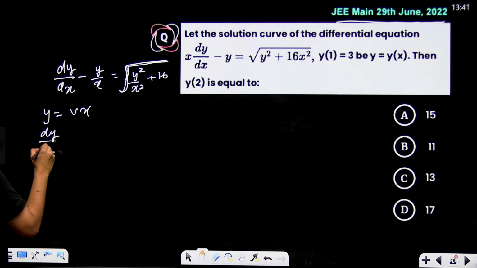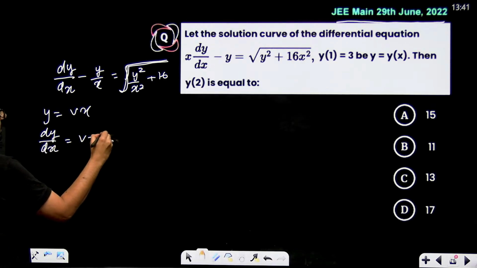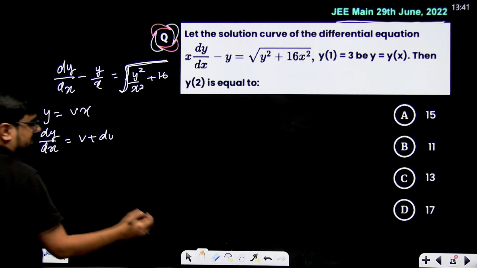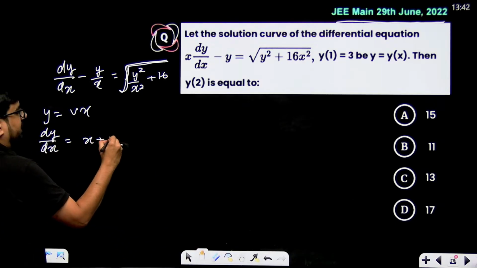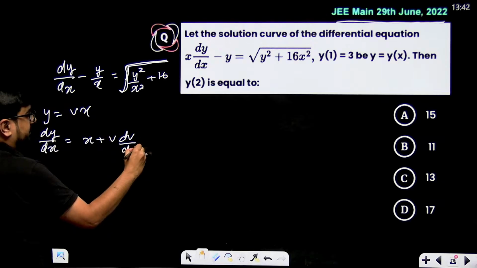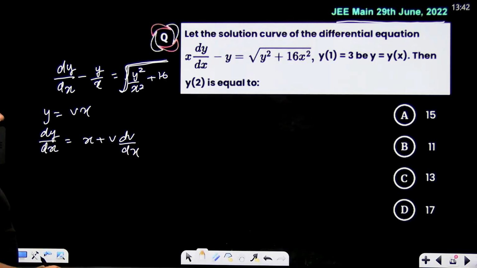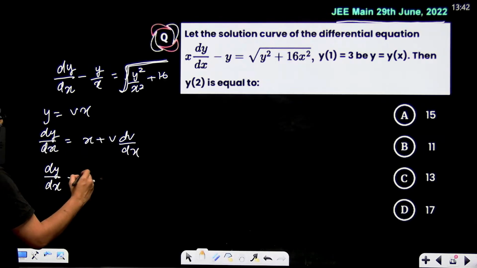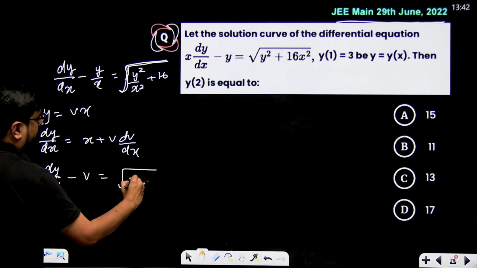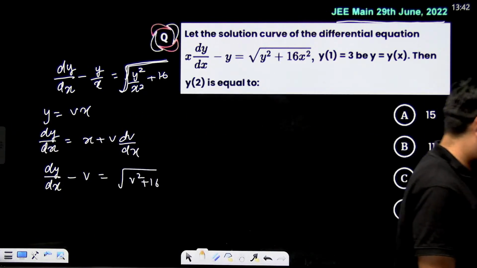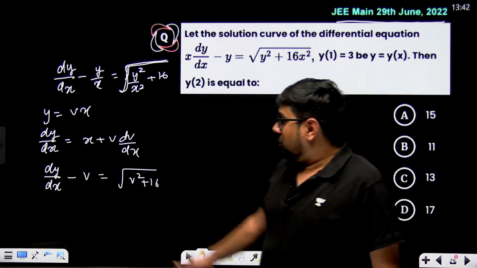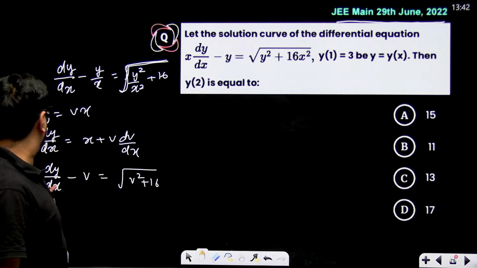Your dy by dx will become v plus x dv by dx. Correct. So your dy by dx minus v equal to square root of v square plus 16. This is a standard integral you are getting over here. So dy by dx we have taken already. What is our dy by dx?